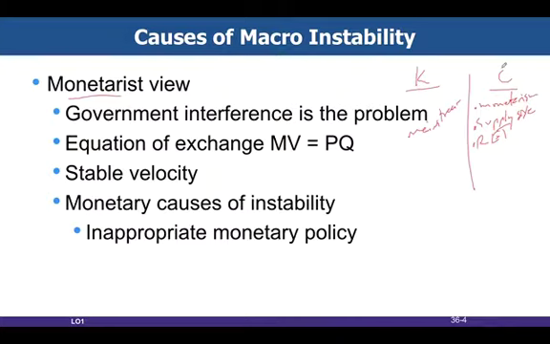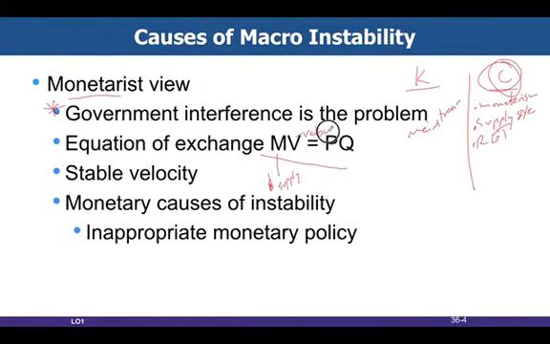So everybody on the classical side takes some version of this, that government interference is the problem. And if the government just didn't do anything, then things would work out better in the long run. So monetarists are known for the equation of exchange. Okay, so M is the money supply, the whole money supply.